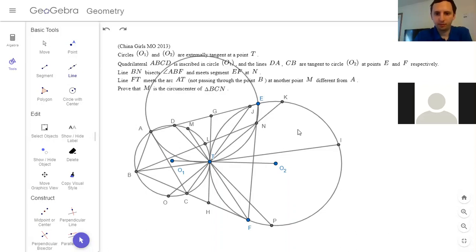Does TFK help? TFK is BFK minus BFT. But yeah, TFK is TMC. Wait, no. TFK is, yeah, we'd have to use point K. TFK is TIK.